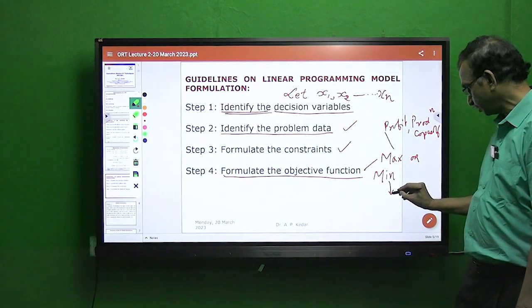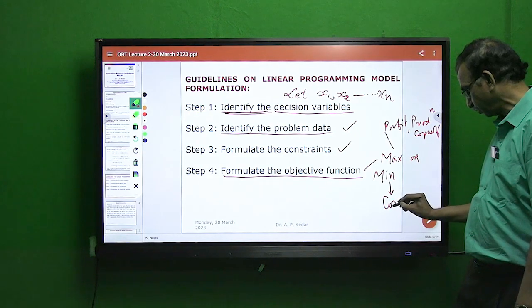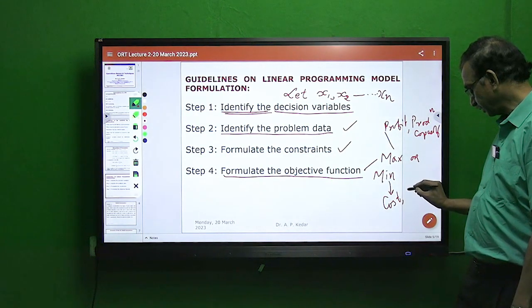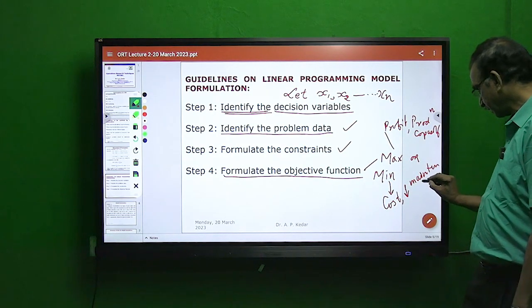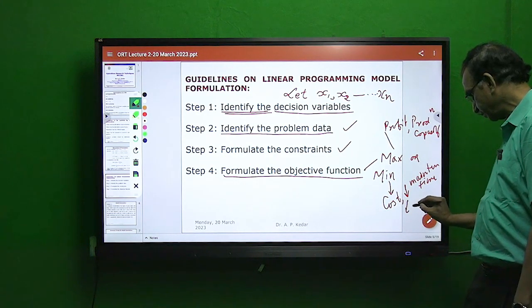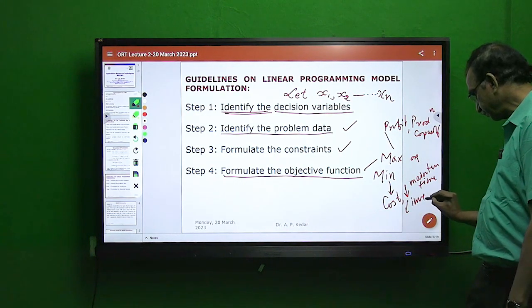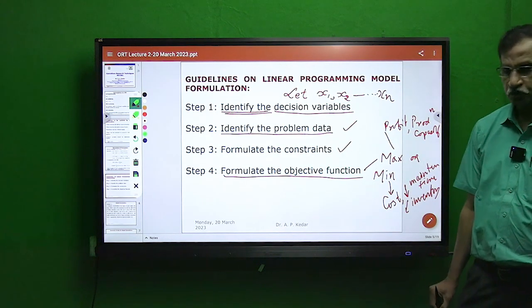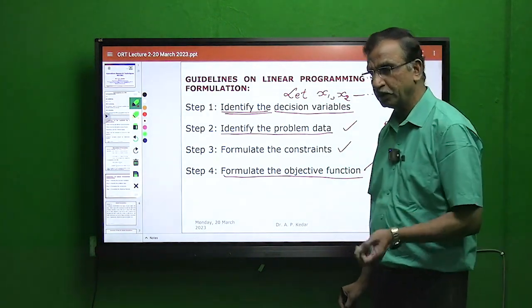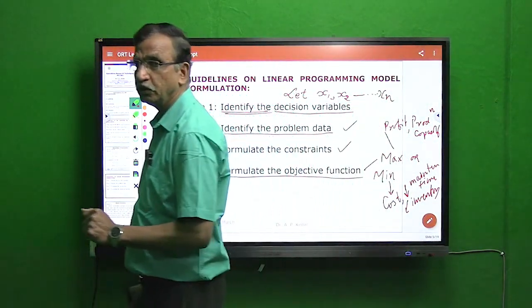For a minimization objective function, definitely it has to be cost to be minimized, or lower maintenance time, or reduced inventory, or a likewise parameter. So depending on the data given, we have to formulate the objective function.